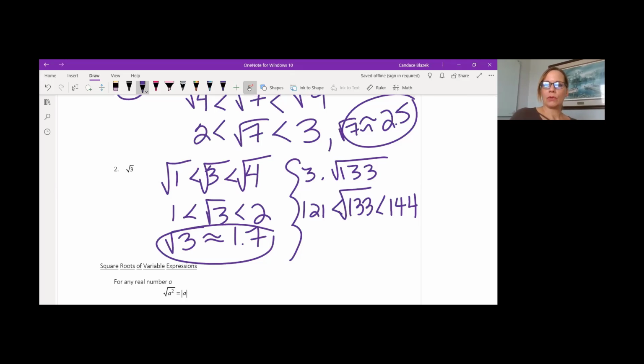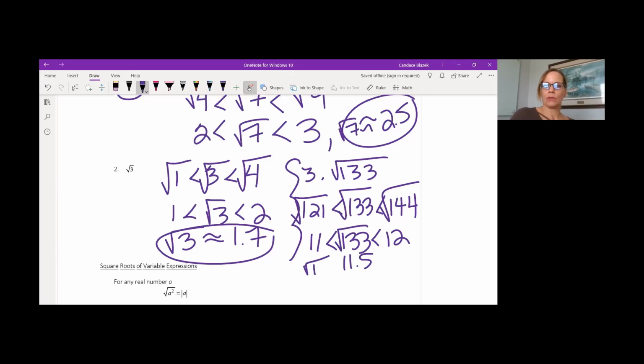Well, that means that the square root of 133 is between the square root of 121 and the square root of 144. I know the square root of 121 is 11, and the square root of 144 is 12. So it's going to be between 11 and 12, and it's almost right in the middle. So I'm going to say 11.5.